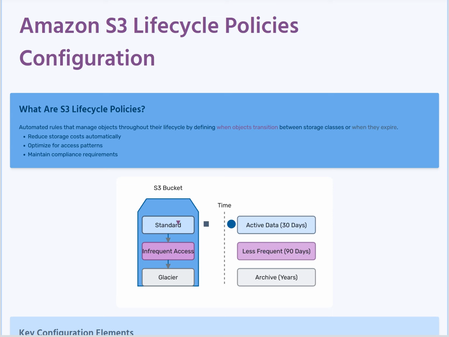So we're going to discuss how we automate the lifecycle of an object, and how we move it between storage classes until it expires. For example, with some sort of rule, you access some of the data for 1 year, and then after 1 year you're not going to access it very frequently, maybe only once in 6 months, and after 2 or 3 years you don't access it at all, so it's going to be archived.